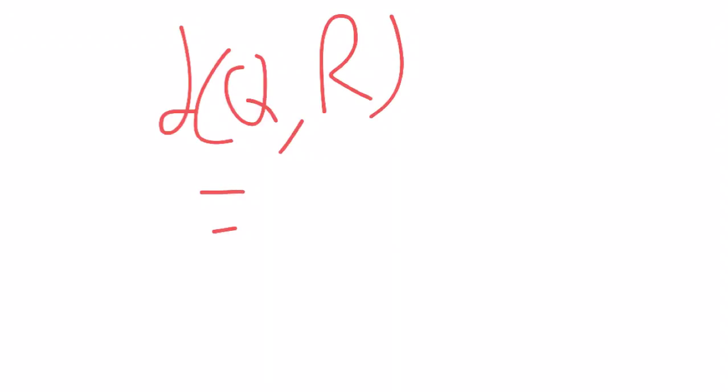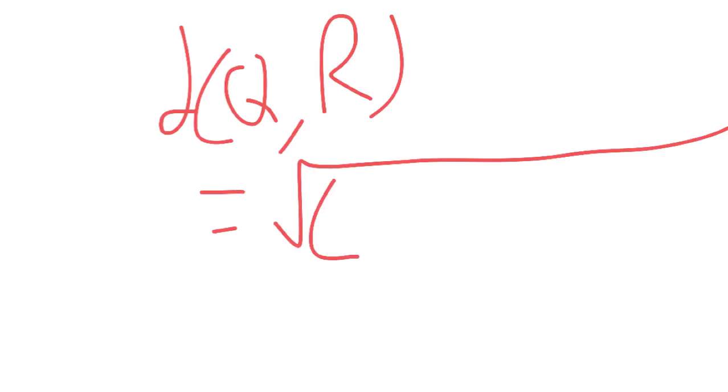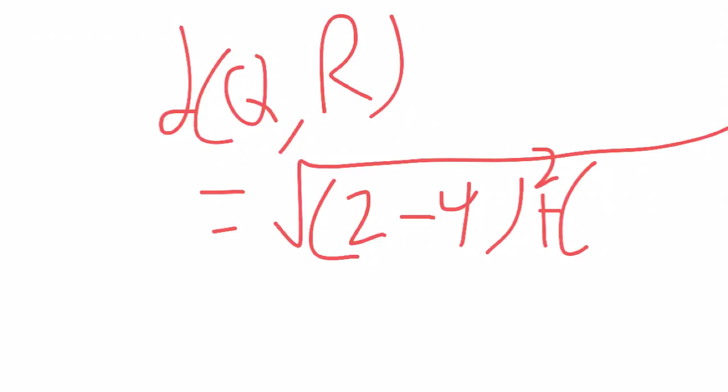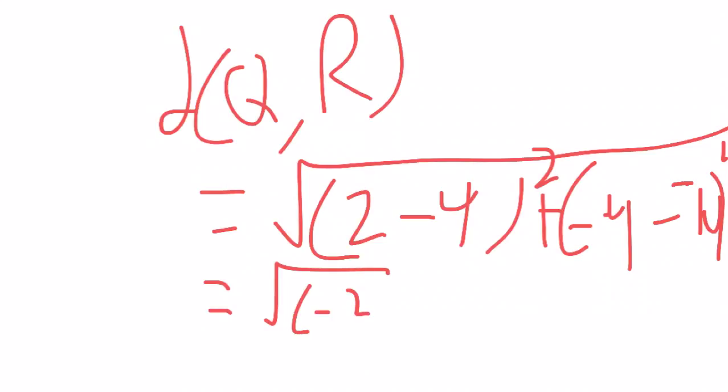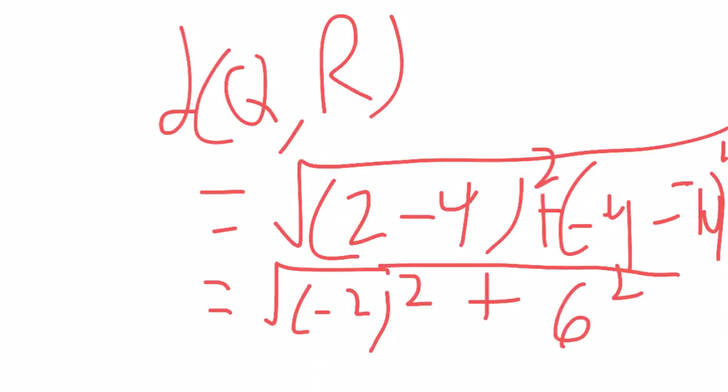Now we got to figure out the distance from Q to R. Again, since we started with Q, let's start subtracting the x's, beginning with point Q. So the x-coordinate for Q was 2, x-coordinate for R was 4, so to subtract them, let's square it, plus, now you subtract the y-coordinates, negative 4 minus negative 10, and then square it. So that would simplify to 2 minus 4, which is negative 2. Then negative 4 minus negative 10. That would simplify to positive 6 squared.